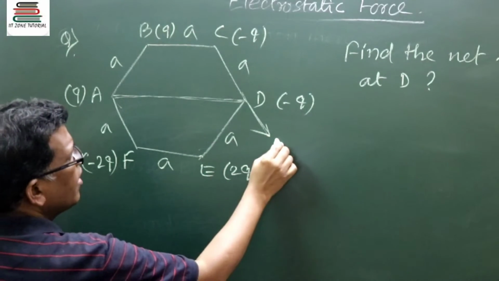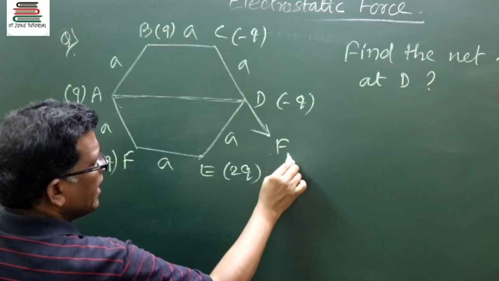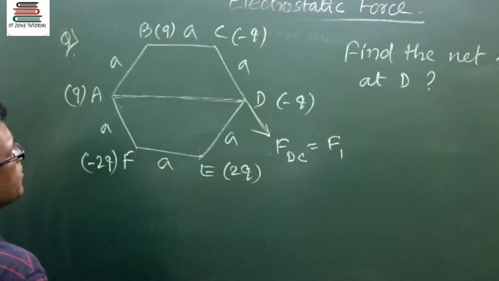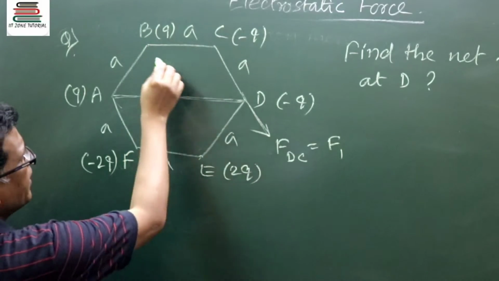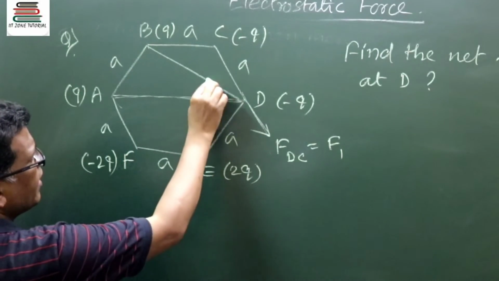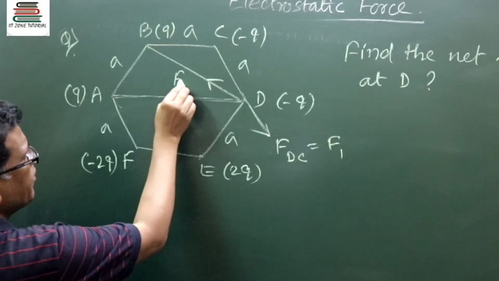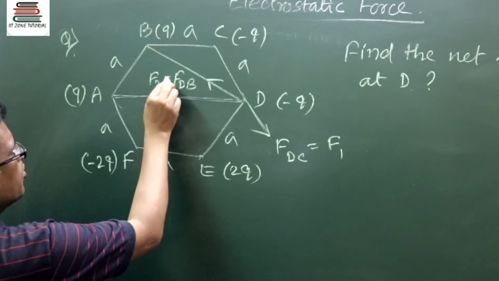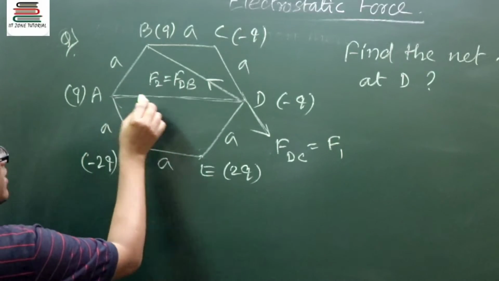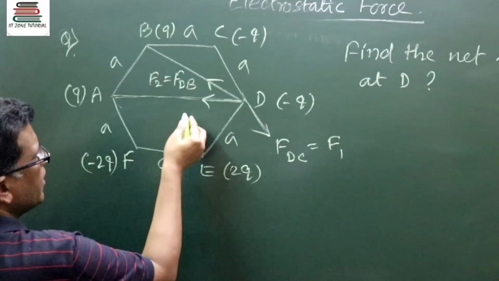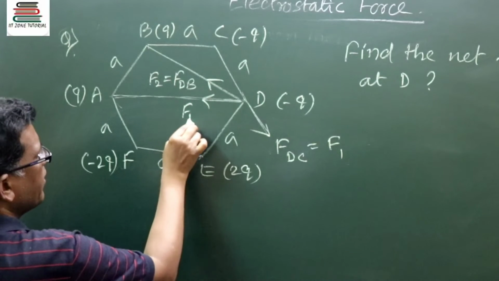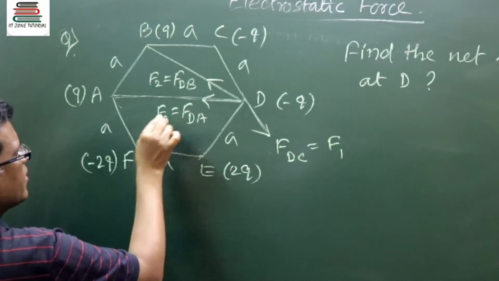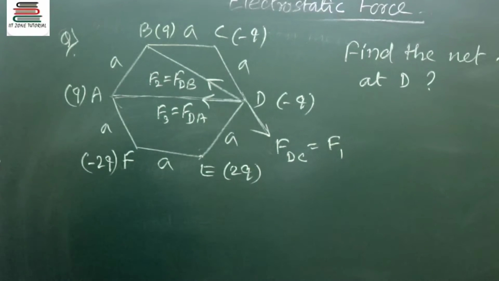So, I will say this is FDC, let it be identified as F1, right? Plus Q, minus Q, that will be an attractive force, this is FDB, let it be F2. Plus Q, minus Q, this will be this way, it is FDA, let it be F3, okay.